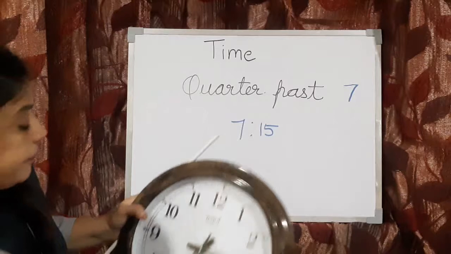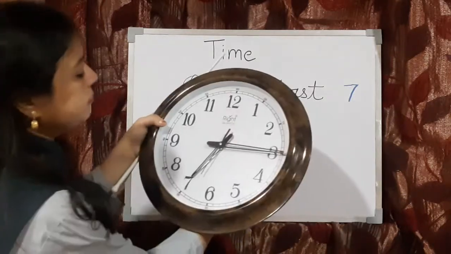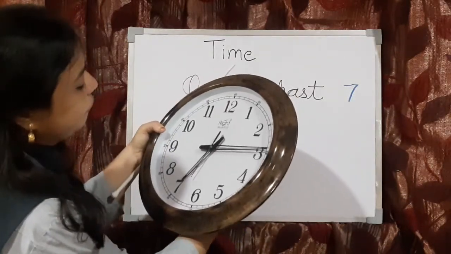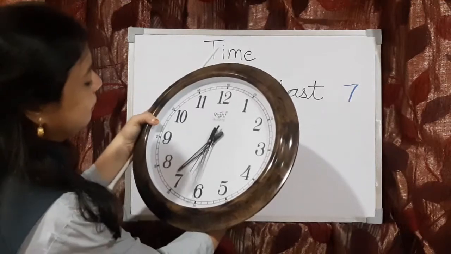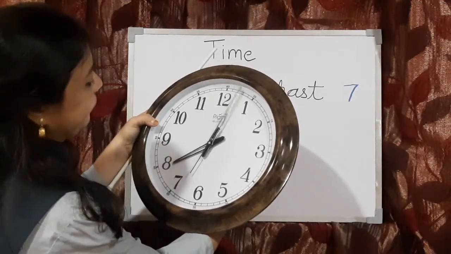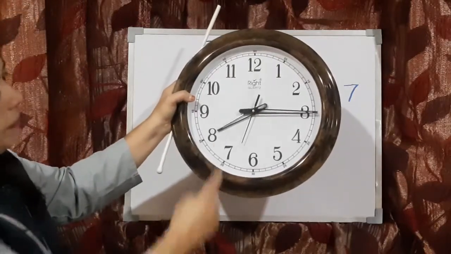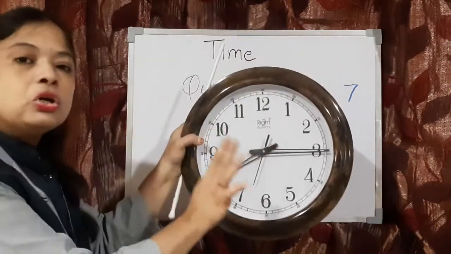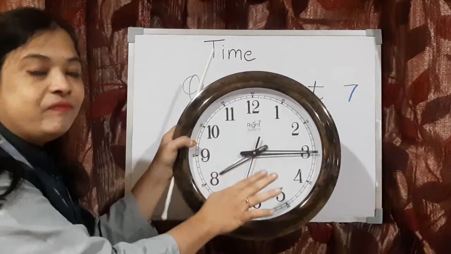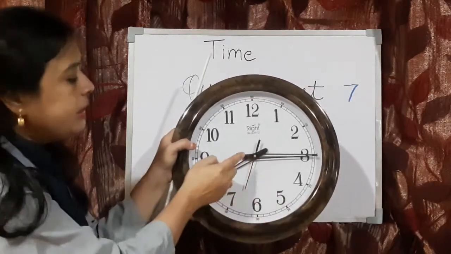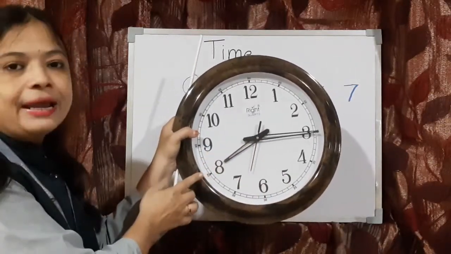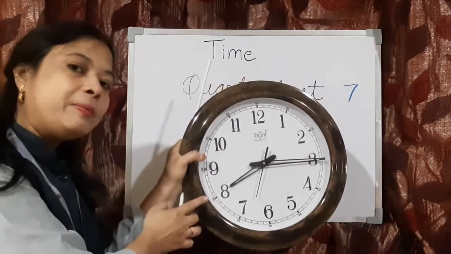Same way, children, if the hand moves like this, now you can see the big hand is on 3, so the minutes will remain 15 only. But you can see the short hand is on 8 number. So now what will be the time?